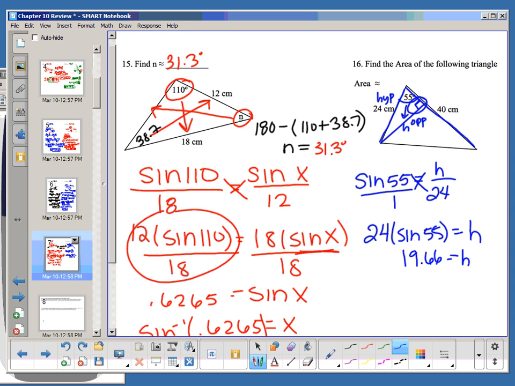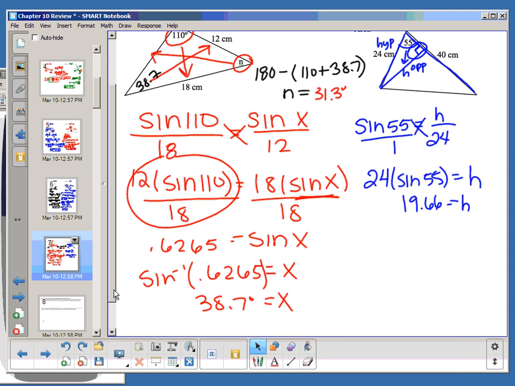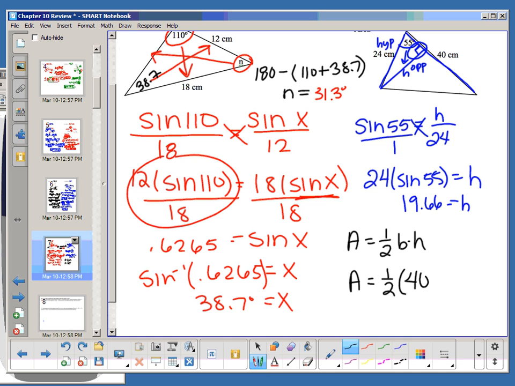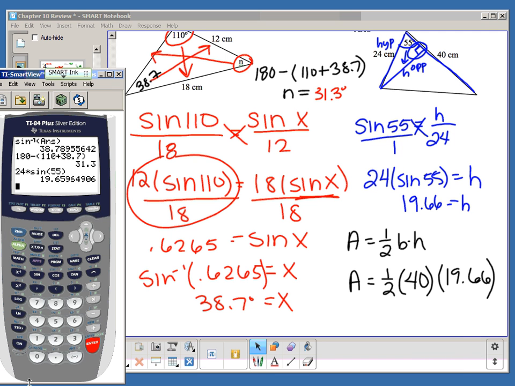Well, once I get the height, all I need to do is go back to my area formula. So area equals 1/2 base times height. Well, my area, I've got to keep the 1/2. The base I know is 40. And the height I now know is 19.66. So I just need to multiply that out.